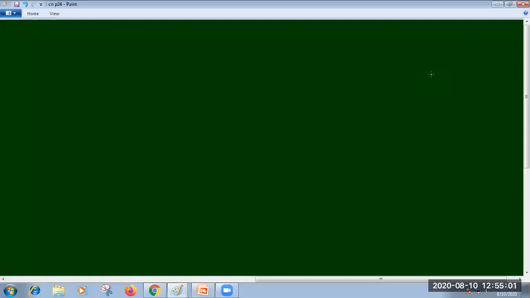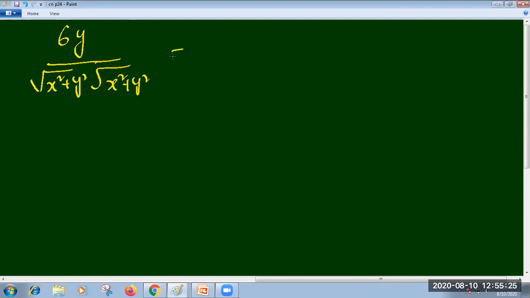So further you can write it. I am writing 6y by x square plus y square is equal to 1.